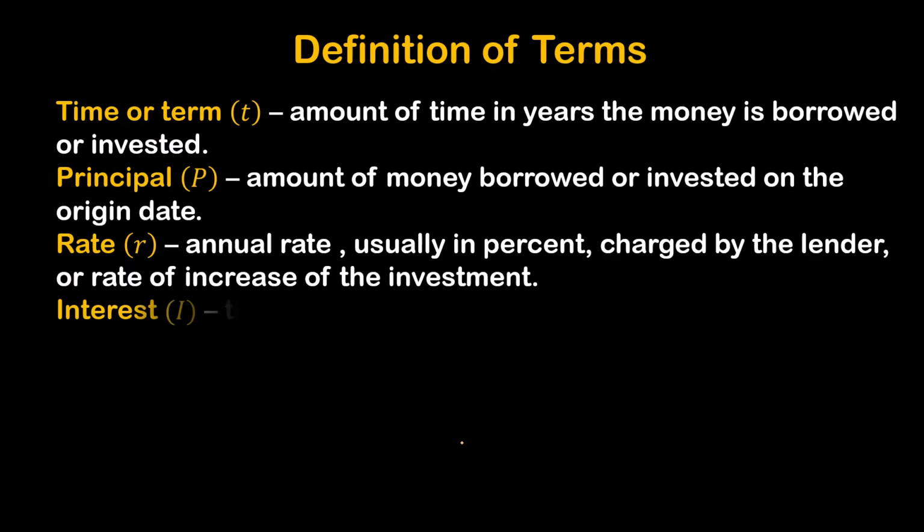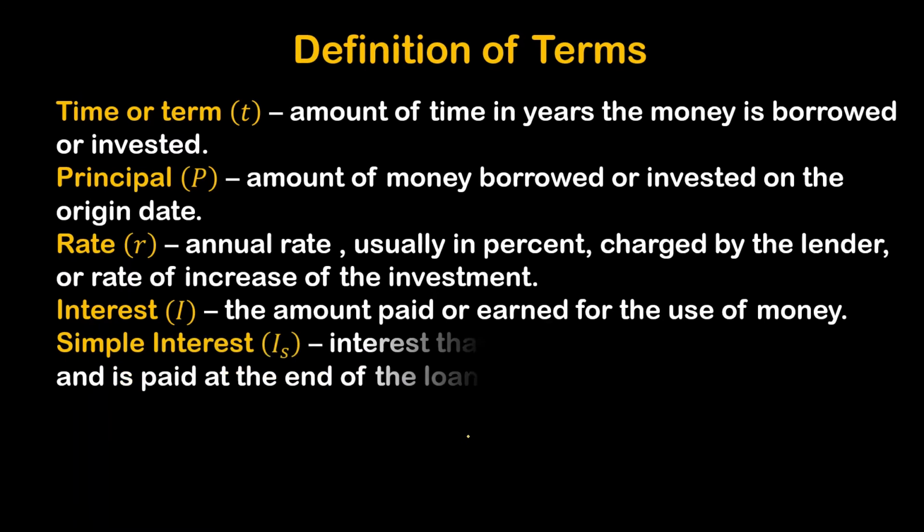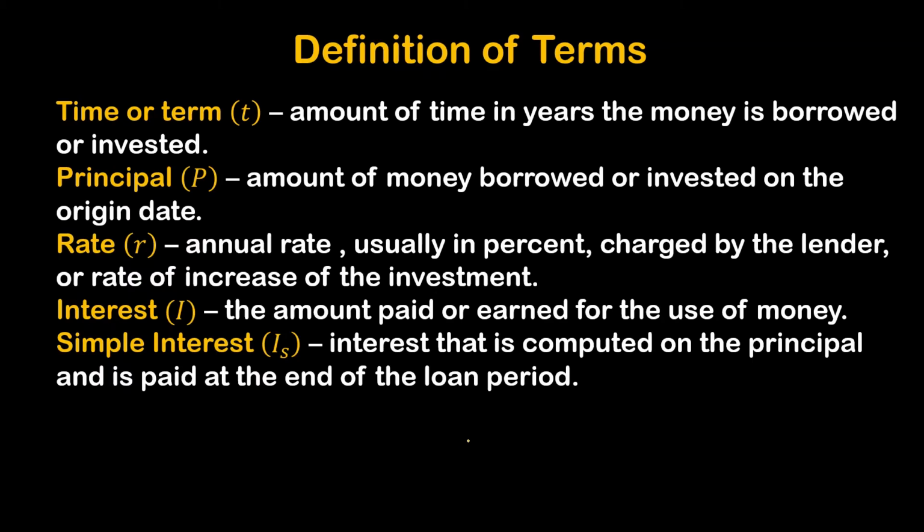The next term is the interest. It is denoted by the capital letter I. It is the amount paid or earned for the use of money. The next term is the simple interest. Simple interest is the interest that is computed on the principal or the present value, and is paid at the end of the loan period.